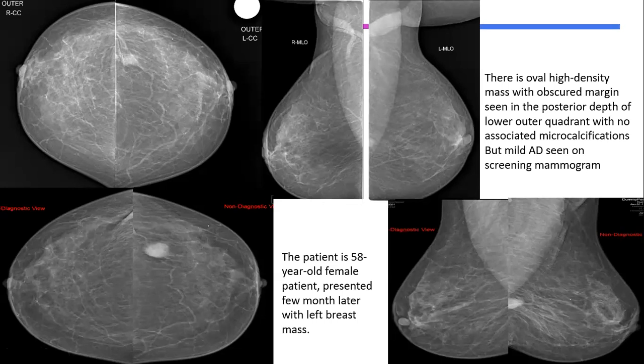But the patient later, a few months on, presented with a left breast mass. The lesion is progressing, getting large. And if you look here, this is the lesion, now getting large, becoming a typical mass. A high density, indistinct mass, okay?